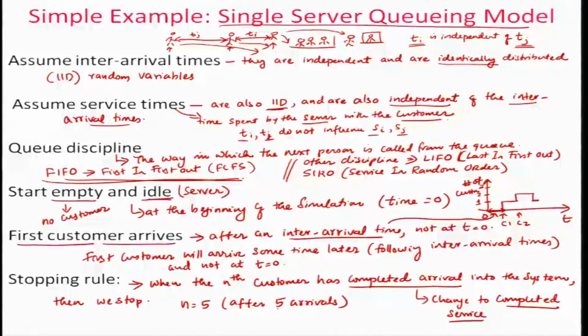As soon as 5 people join the system, in this case you can see this is C3, C4, it comes down, goes up again, this is your C5. This means 5 people have arrived into the system. But if you say 5 people have completed service, this will continue further.